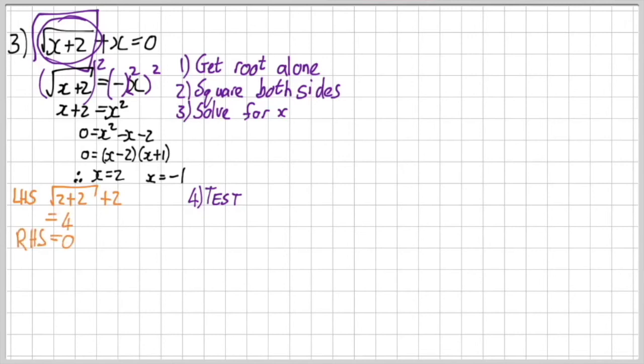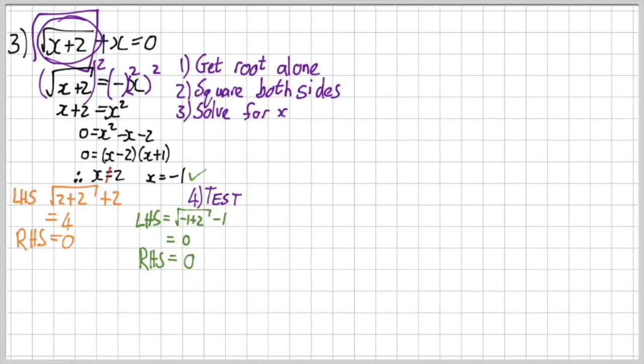For the first one, if I sub in 2 on the left, I get 4, but on the right, it's 0. So in other words, 2 is not applicable, because left does not equal right. Also, with negative 1, if I substitute in, I get 0, both left and right. So negative 1 works.